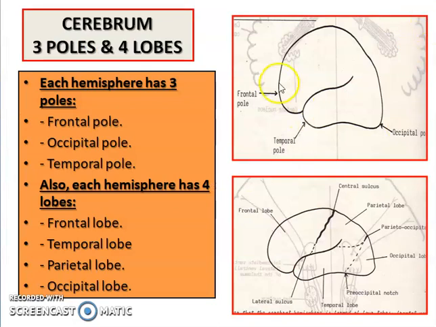Then we have seen the 3 poles, the frontal pole, the occipital pole and the temporal pole, and that it is divided into the frontal lobe, the parietal lobe, the temporal lobe and the occipital lobe by means of the central sulcus, the lateral sulcus, the parieto-occipital sulcus and the 2 imaginary lines.